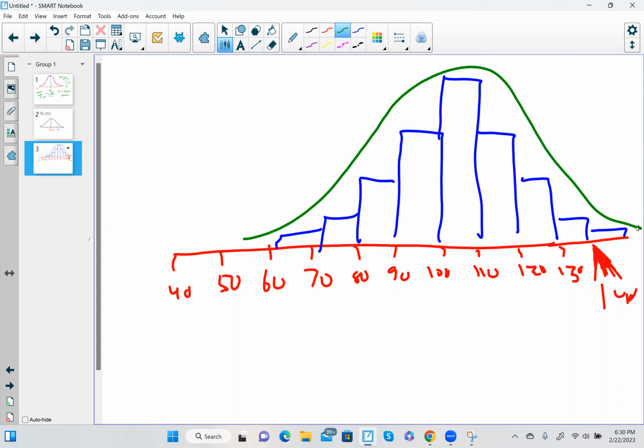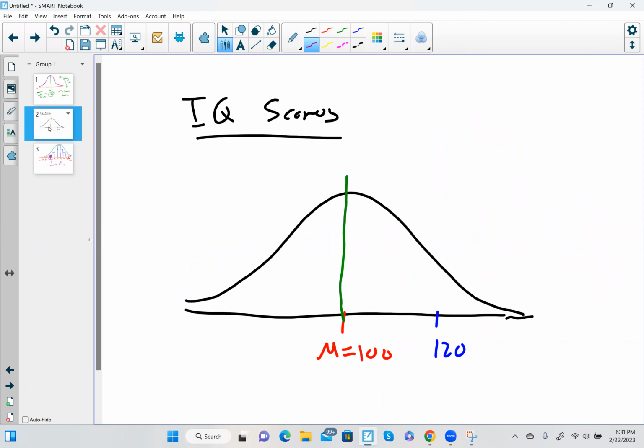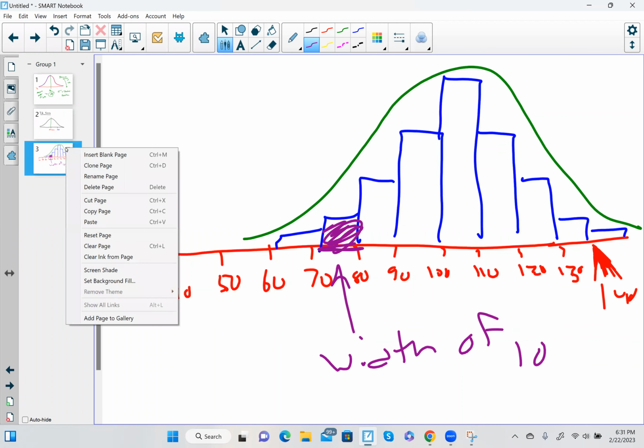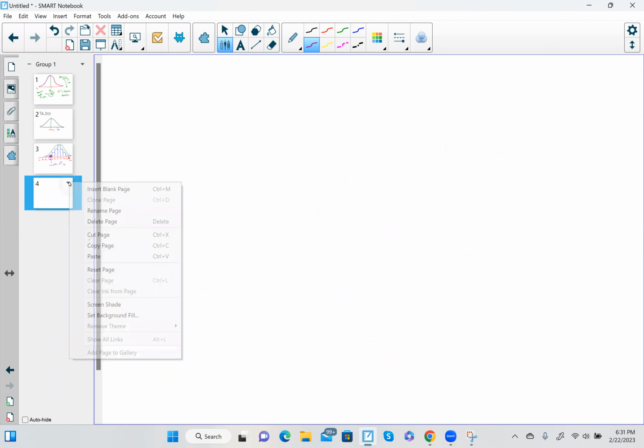So if you had millions and millions of people and you made each bar, so we look at this bar I'm shading in purple. It has a width of 10, right? We can make the width smaller, and then the bars get closer together. And eventually the curve will smooth out and look like something like this. So IQ scores seem to follow normal distribution, which is very surprising. Why would this graph describe so many natural phenomena?